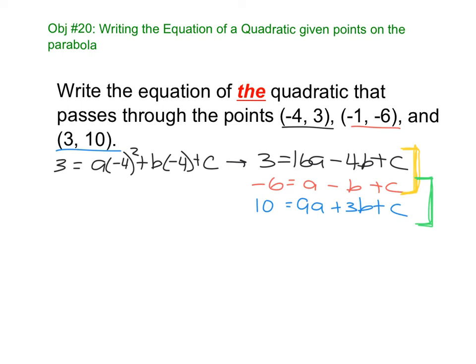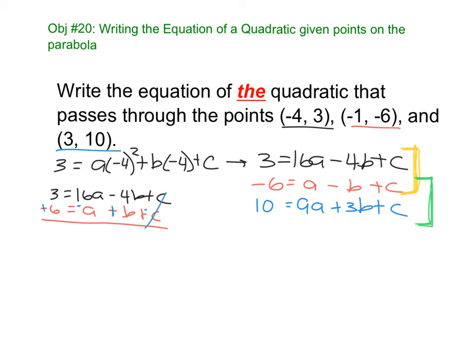So I'm going to rewrite the black one. So I have 3 equals 16a minus 4b plus c, and under it, the red, equals a minus b plus c. I'm going to get rid of my c value. So to do that, I'm going to change the sign at the bottom.